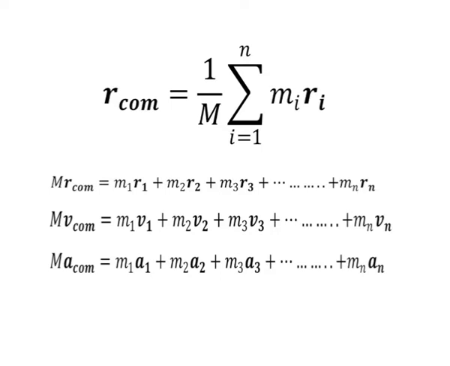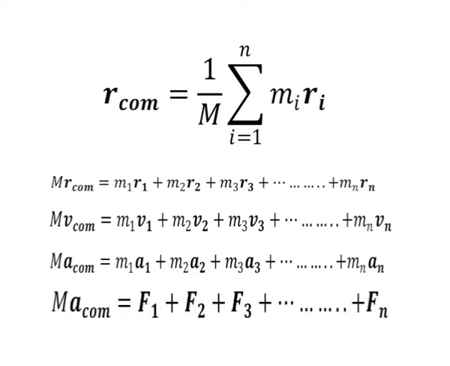Differentiating this equation with respect to time gives m a com is equal to m1 a1 plus m2 a2 plus m3 a3 and so on up to mn an. Here a i is the acceleration of the ith particle and a com is the acceleration of the center of mass. Although the center of mass is just a geometrical point, it has a position, a velocity and acceleration as if it were a particle.